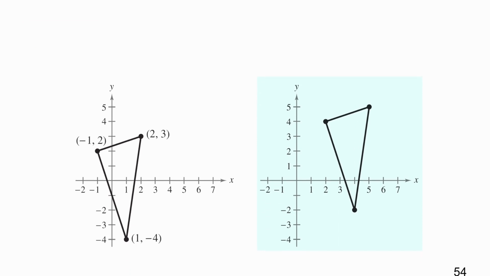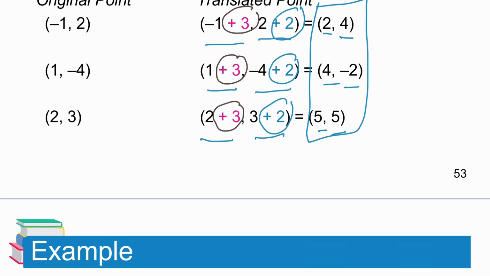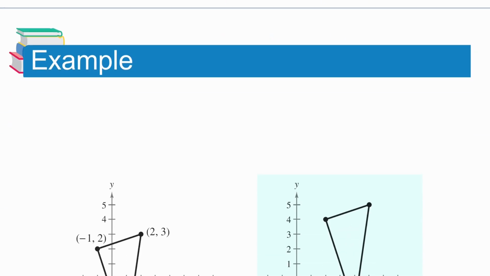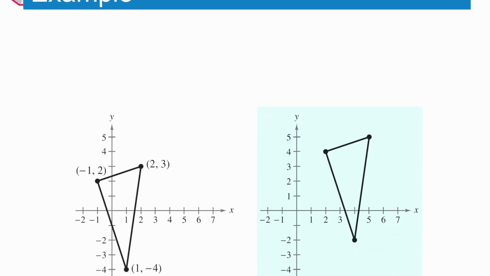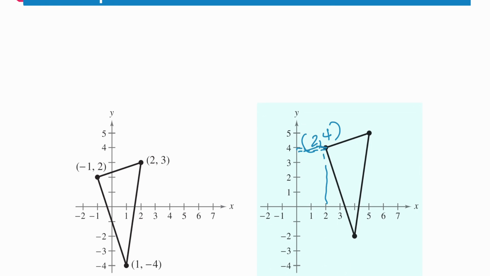So when I look at the moved triangle, I know that my (-1, 2) now becomes (2, 4). So I could label that as (2, 4), and I, in fact, see that this is 2 and 4 if I go across.